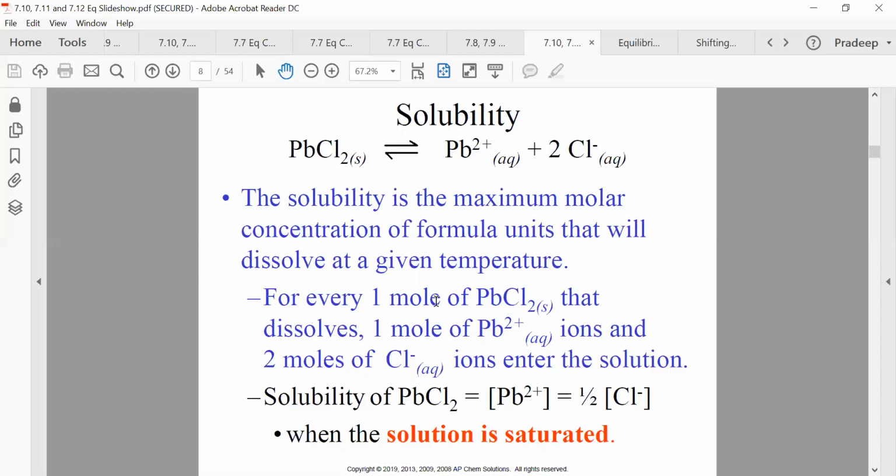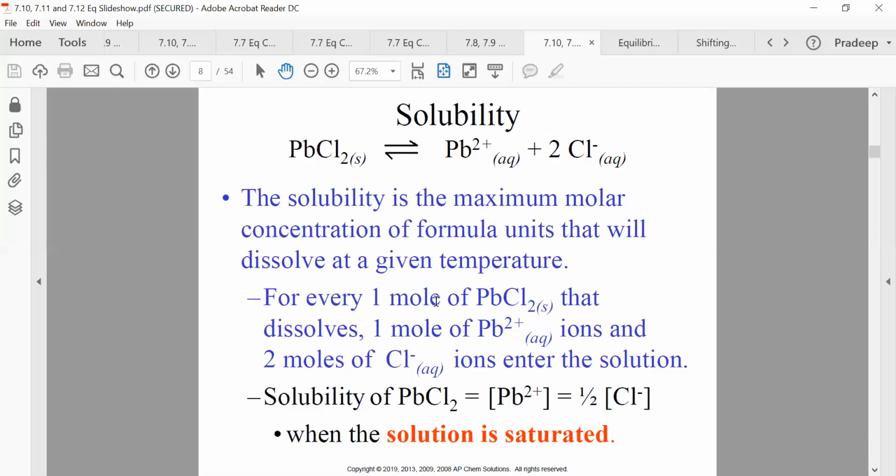And for a different substance at the same temperature, it can be 2.5 molar. So every substance has a different level of solubility. What do they mean by solubility? It just means the maximum amount of concentration that can go into solution at a particular temperature. Everyone clear on that?